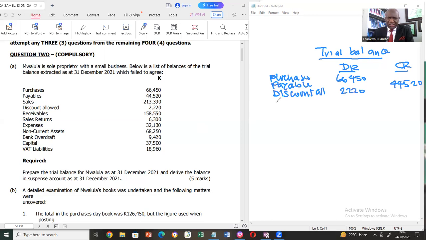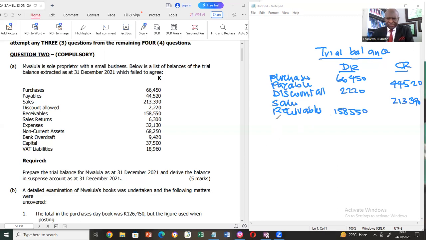Then we have sales, that is revenue, credit. Sales 213,390. Then receivables is an asset. Receivables is an asset. We have 158,550.